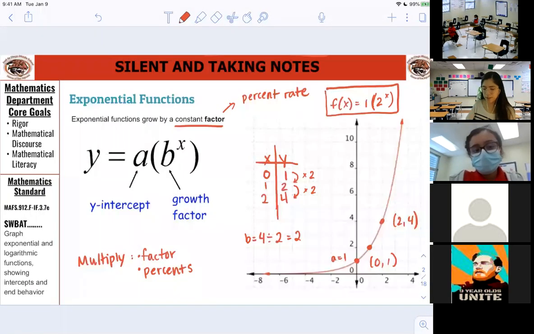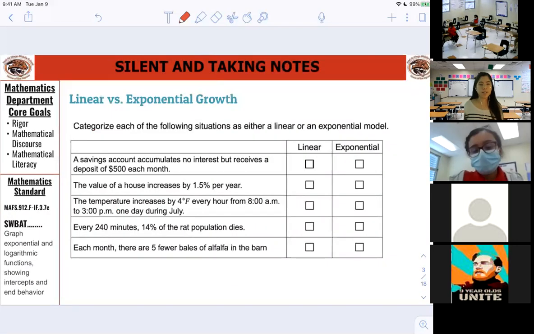Before we do another one, let's also talk about word problems. If you have a word problem, how can you determine if it's linear versus exponential? So it all comes down to keywords. In the first example, can I have a volunteer read the savings account? A savings account accumulates no interest but receives a deposit of 500 each month.